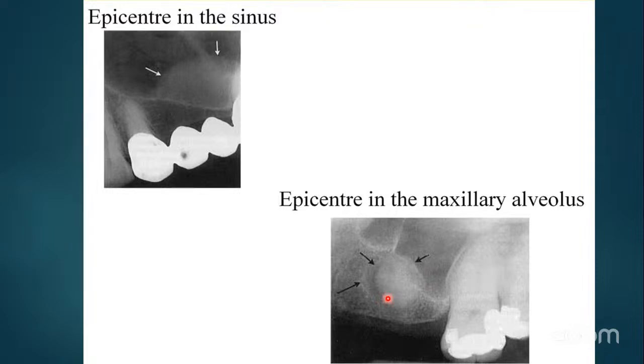In certain cases it can also be a paramolar or a distomolar, and if it is present in the anteriors we call it a mesiodens, or any kind of supernumerary tooth. So this is how you identify the lesion based on the epicenter.